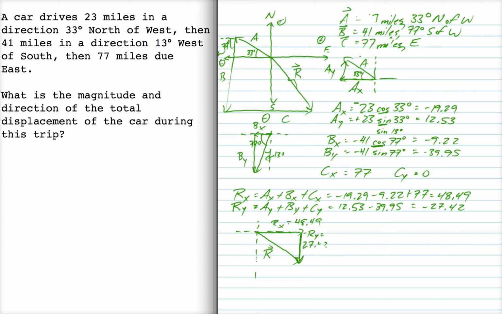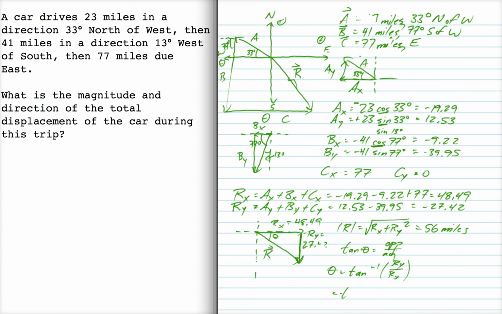This is just a triangle, so it's got sides of 48 and 27, and I need to find the hypotenuse. For the magnitude of the hypotenuse, I use the Pythagorean theorem, so that's 56 miles when I round off. Then to find this angle theta, I'll use the fact that tangent theta is equal to opposite over adjacent, and therefore theta is equal to the inverse tangent of ry over rx.